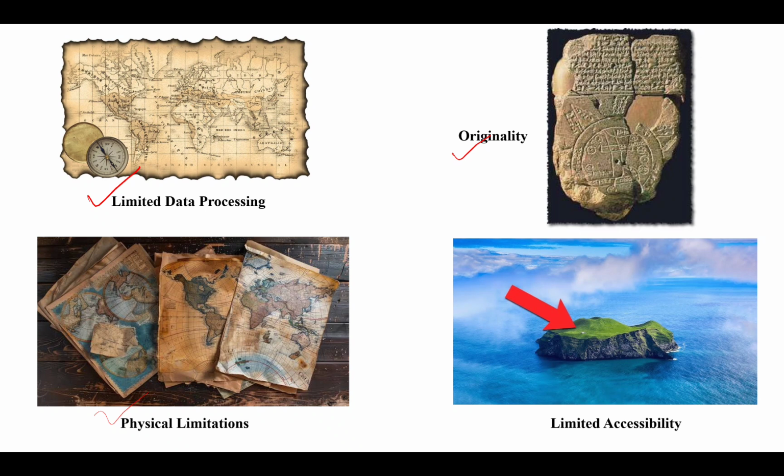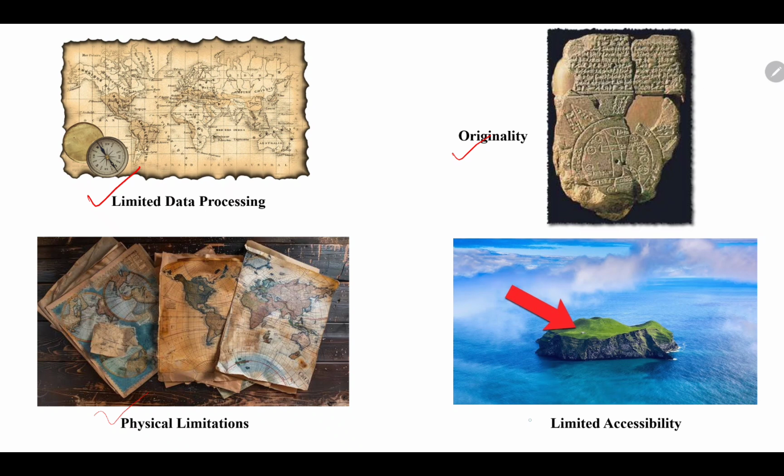There have been so many times where maps have been torn, eaten by rodents, spoilt by insects, or gotten wet when it has rained, and because of that they have simply worn out. So these are some of the physical limitations, because we are working with a physical object, a piece of paper or a canvas or a cloth. Because of that, it can wear out.